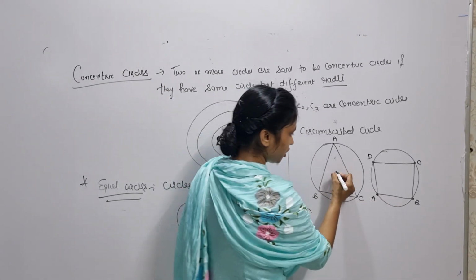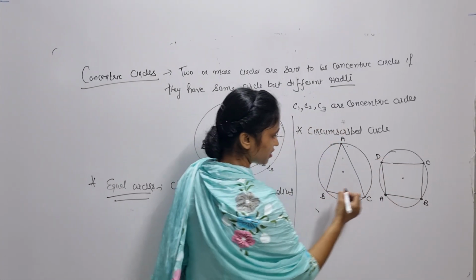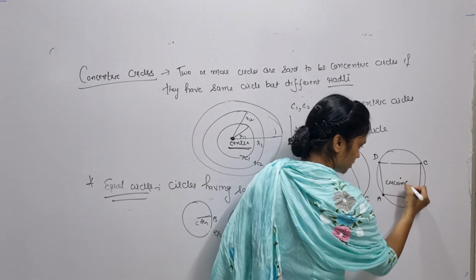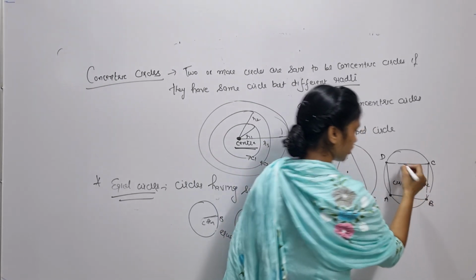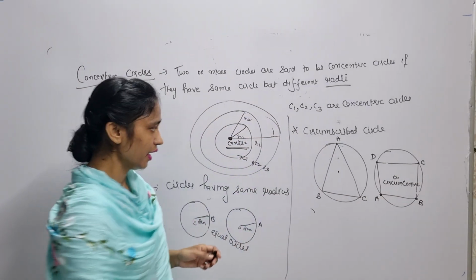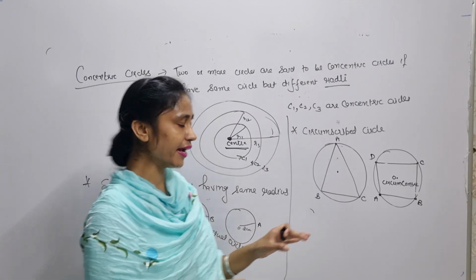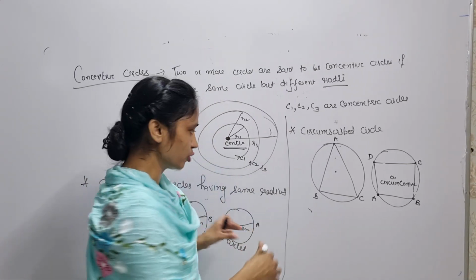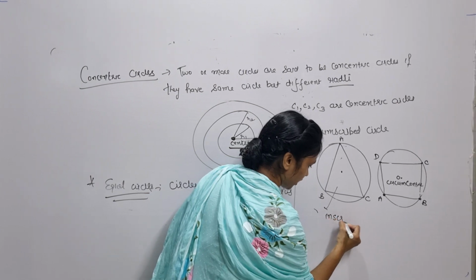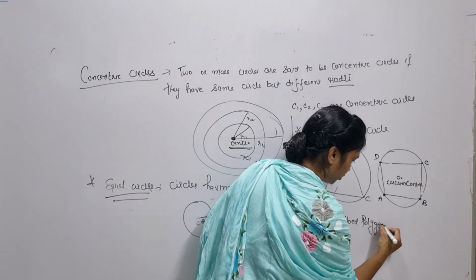And the center of this circle is said to be the circumcenter. The center of this kind of circle is said to be the circumcenter. And the polygon which you have drawn inside that circle is said to be an inscribed polygon. Here we know the particular name of this polygon.